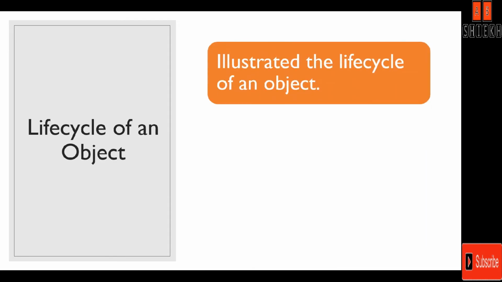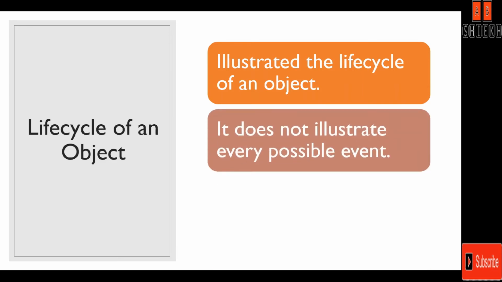A state chart diagram shows the life cycle of an object. For example, what events the object experiences, the transitions of the object, and the states it is in between these events. But a state chart diagram does not illustrate every possible event.